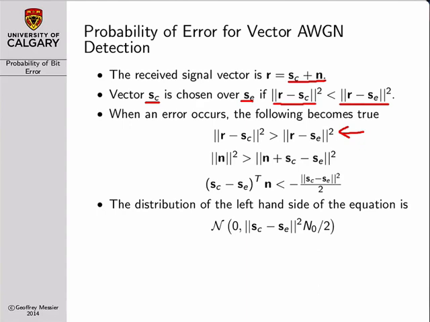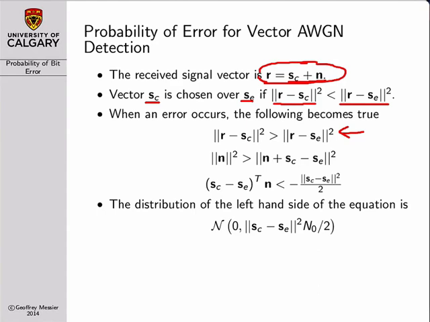And so if we plug in the equation for R up here into this expression, then the left-hand side just becomes n squared because the S_C's cancel, and the right-hand side is n plus S_C minus S_E, squared.